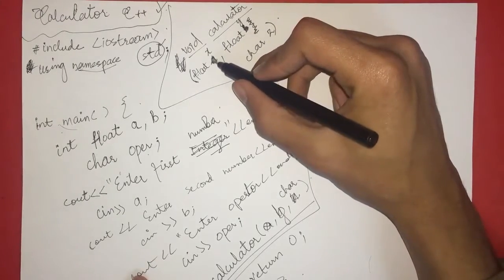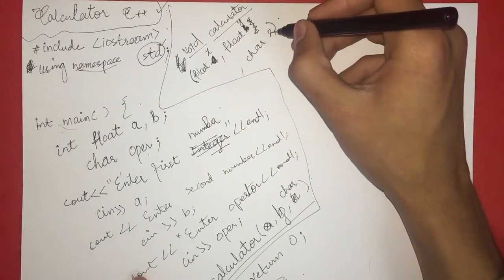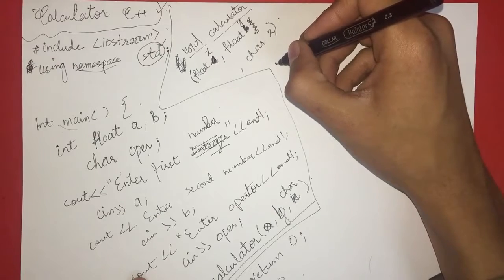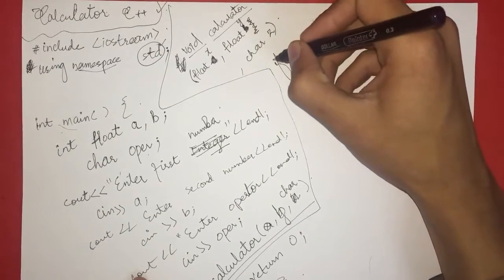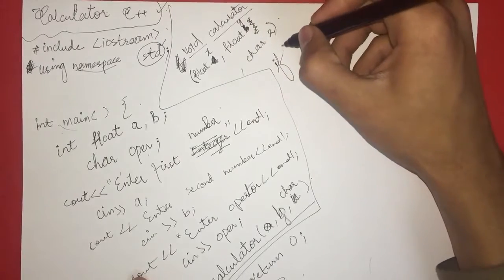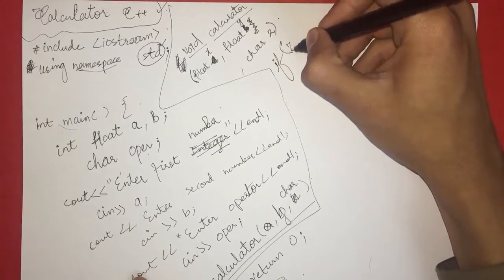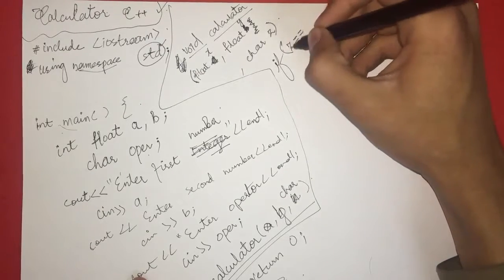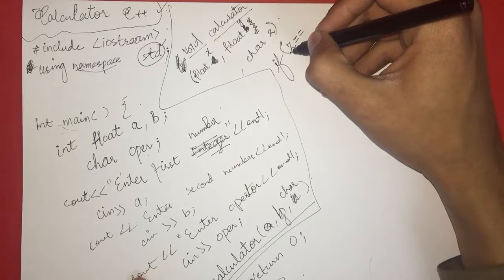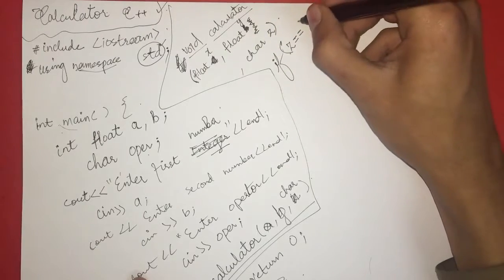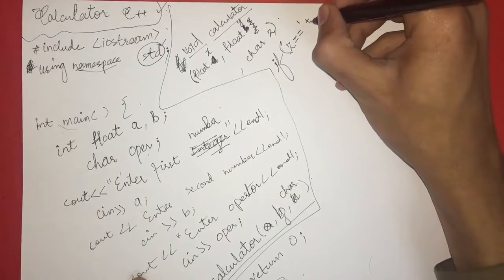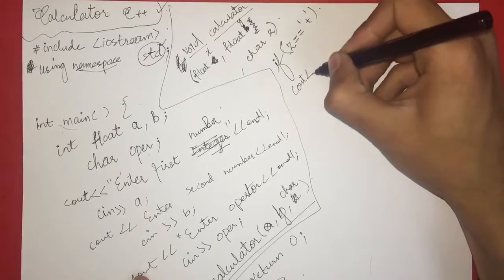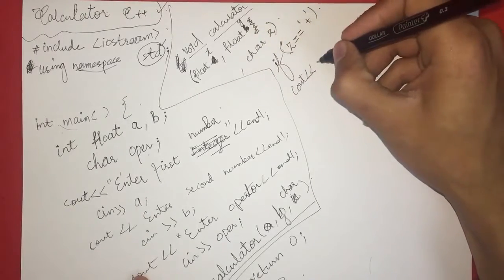So now we have a void calculator. We have set the formal parameters for this function, and now we'll say that if z, the variable of type character, is double equals plus, the positive sign, then cout x.